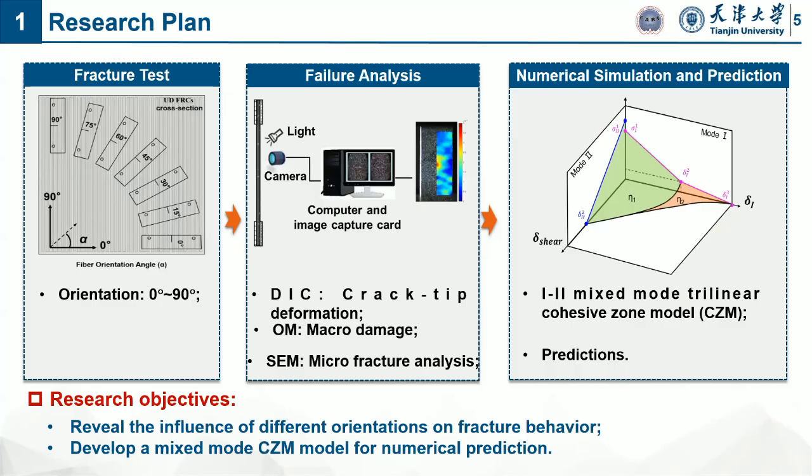So this study includes three parts. The first one is the fracture test of different orientation specimens. As you see, the fiber is in the vertical direction. The second, for failure analysis, we use DIC to observe crack tip deformation, and also OM and SEM for the micro surface.